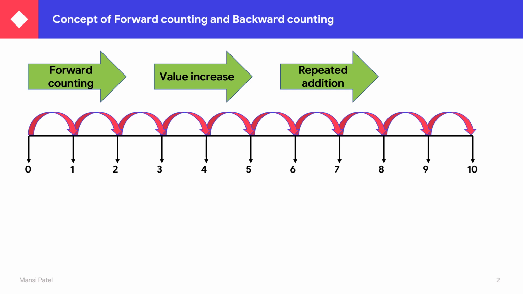But when we write down the numbers from 10 to 0, it is known as backward counting. In backward counting, in reverse counting, the numbers from 10 to 0 are like 10, 9, 8, 7, 6, 5, 4, 3, 2, 1 and 0.